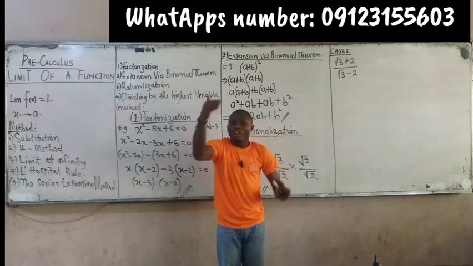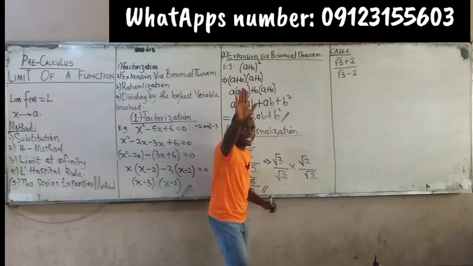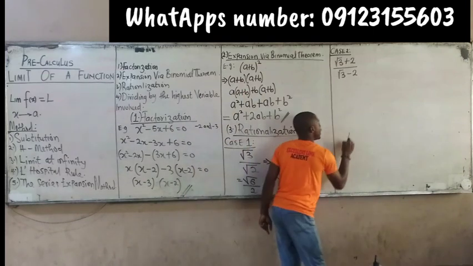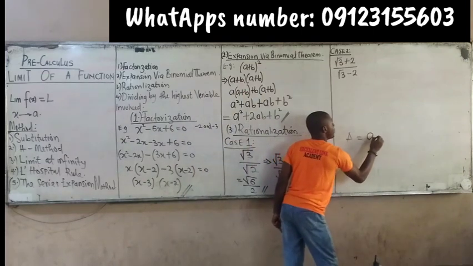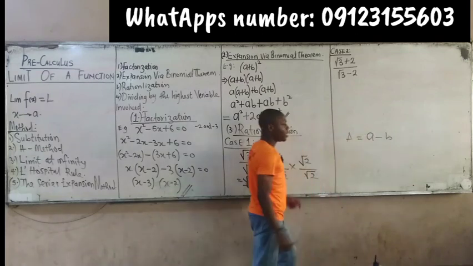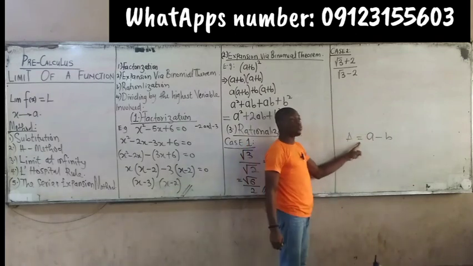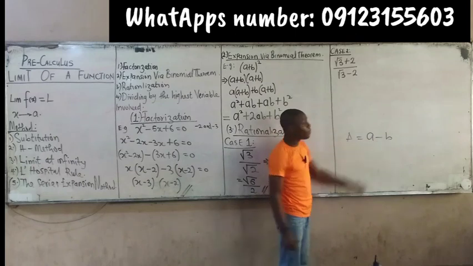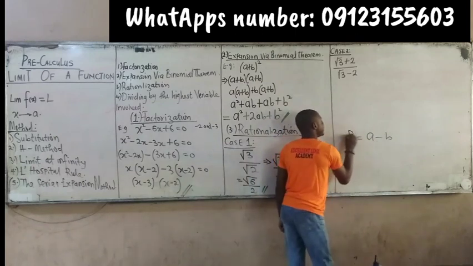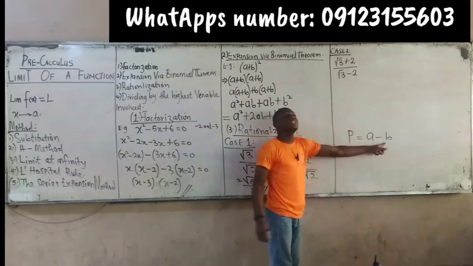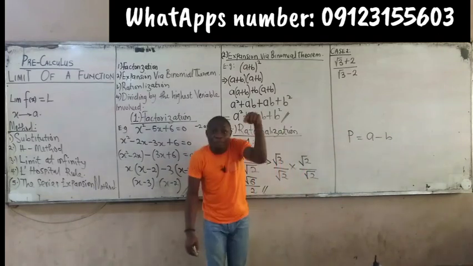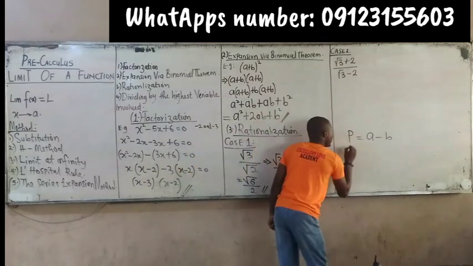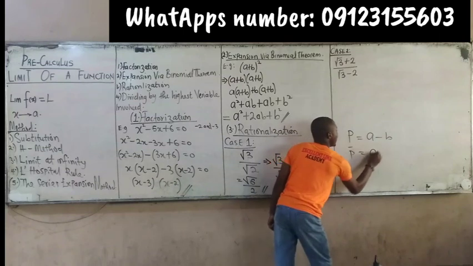What is the logic there? Let's say I have P equal to a minus b. The conjugate of P becomes what then? P bar is equal to a plus b.